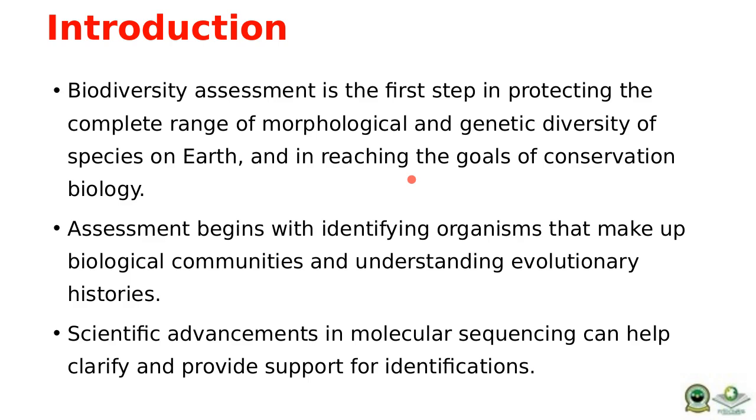I said it is the first step in protecting, because if you don't assess something, you will not know whether it needs help or not. You must go in and know what it looks like, what the nature is, what the dangers are, and what the level of damage is. Otherwise, you will not protect. You will not have any idea what the situation is.